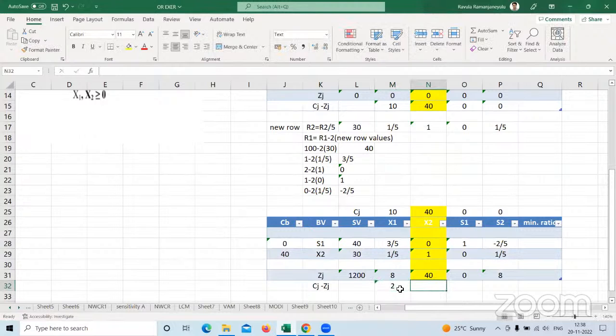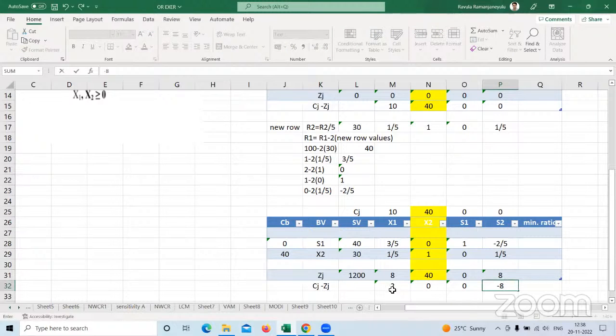Here it is 2. Here it is 40 minus 40 is 0. 0 minus 0 is 0. Here 0 minus 8 is minus 8.